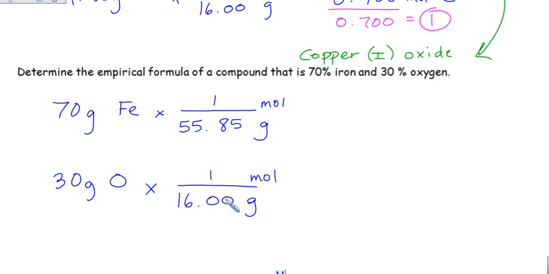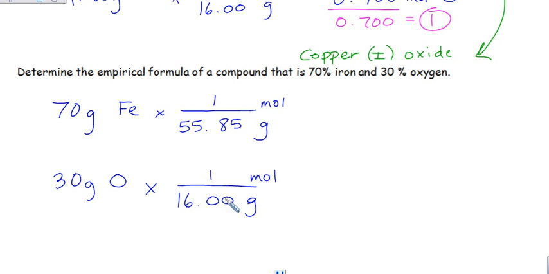Okay, so for sig figs, I'm going to plug this in my calculator, but I definitely don't want to just leave 1. A 70 with no decimal spot is 1 sig fig. So I'm going to leave something. It's not really your final answer here when you calculate moles. So I usually just say, leave something that seems reasonable.